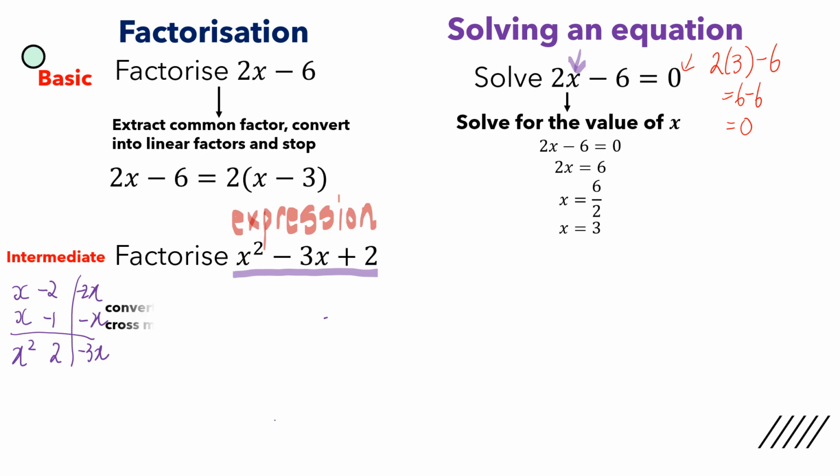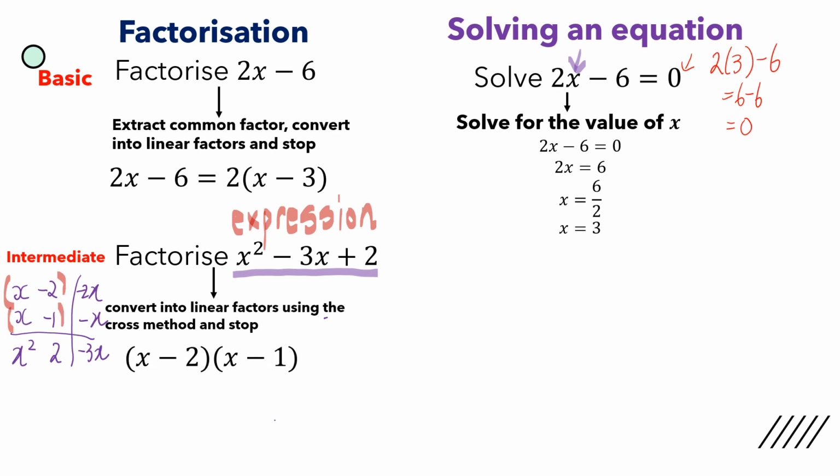All right, and then what you do is you just convert it into the linear factors. So the two linear factors are x minus 2 and x minus 1. So these are your two linear factors. And basically, you just stop there. You don't do any more. So factorizing means you actually convert the expression into linear factors, or into brackets. You see, there are two brackets.